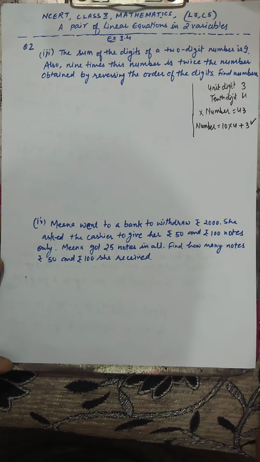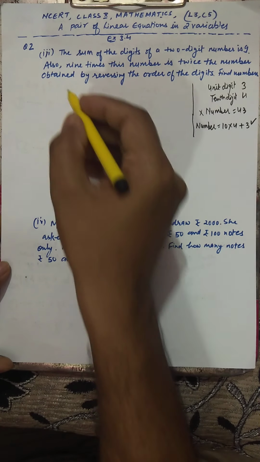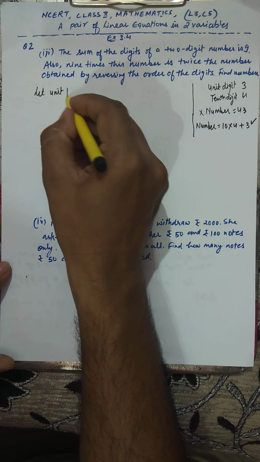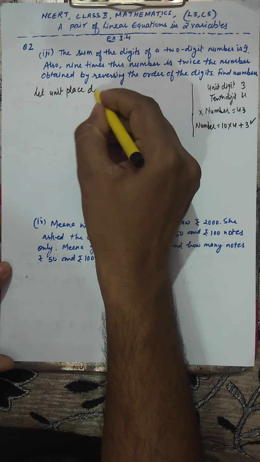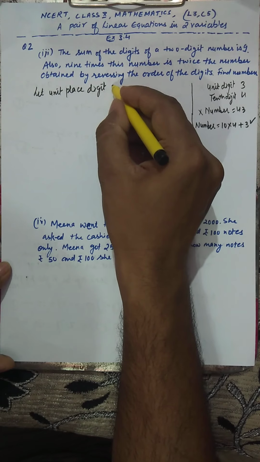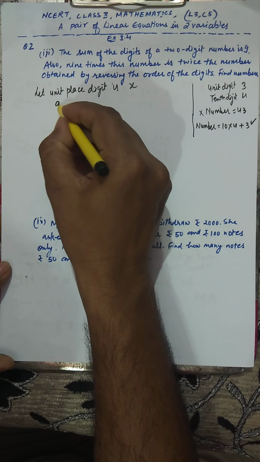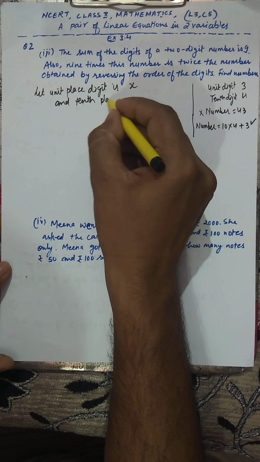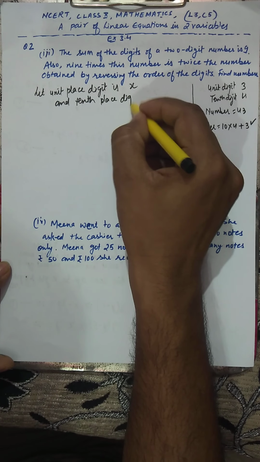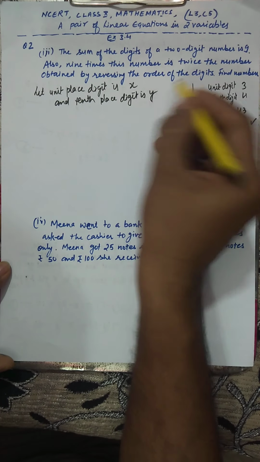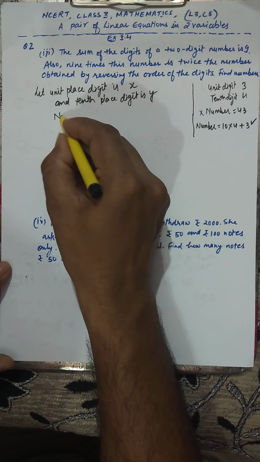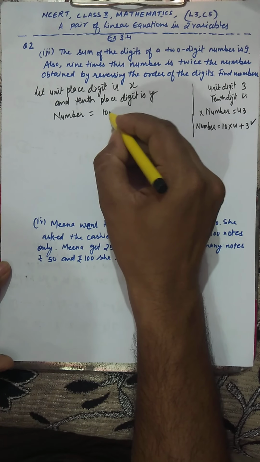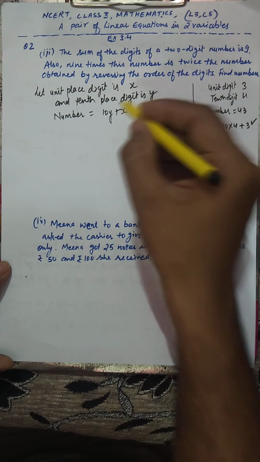Now they are talking about a 2-digit number. We assume the unit place digit is x and the tens digit is y. So the number will be, remember this, 10 into y plus x.